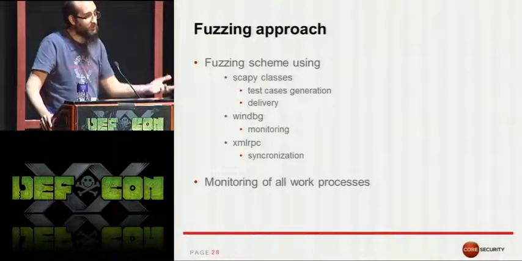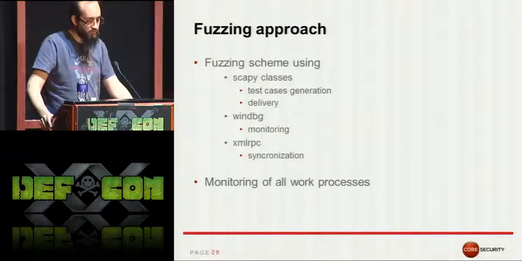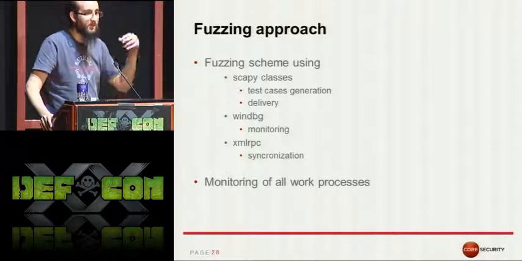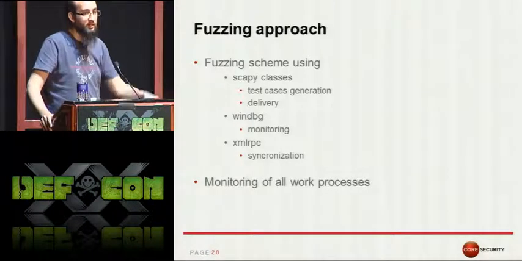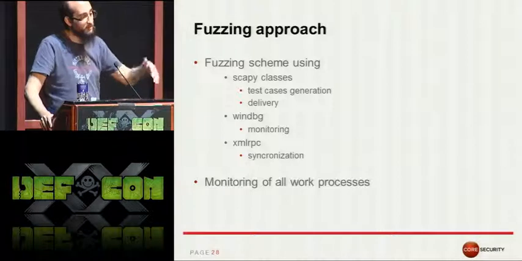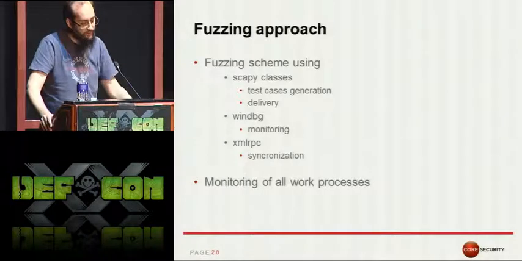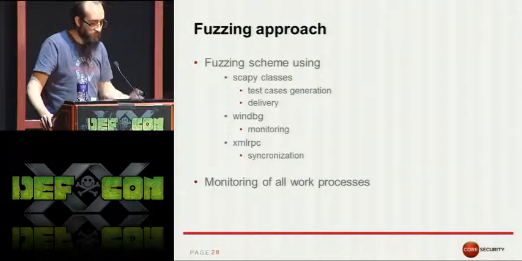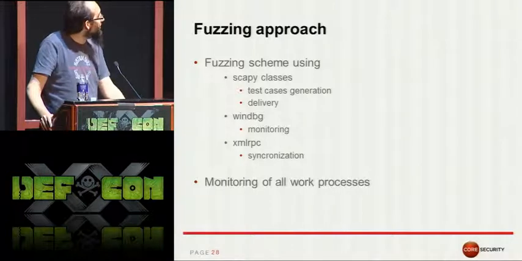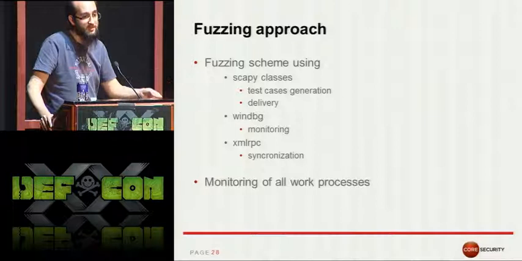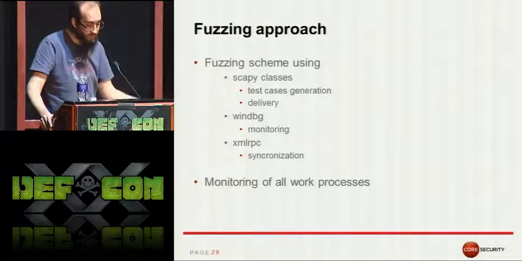Well, one of my goals was to look if there's any vulnerability in either the GUI client or the application server. So I came up with this fuzzing approach for the test case generation, and for delivery of the packets I use my own Scapy classes.